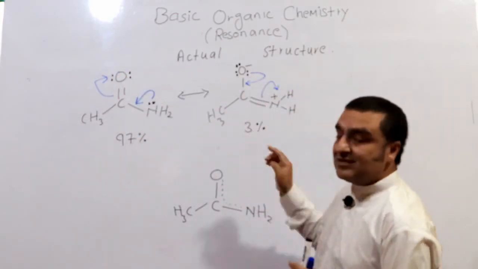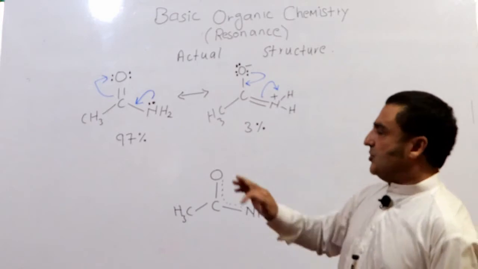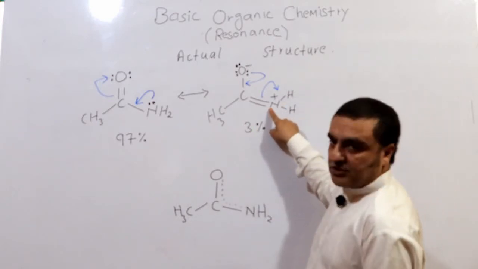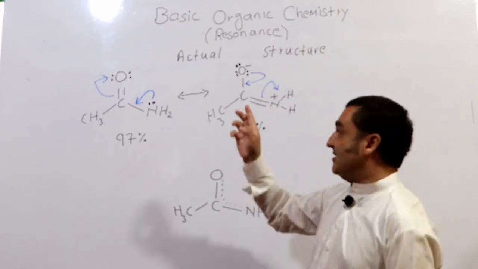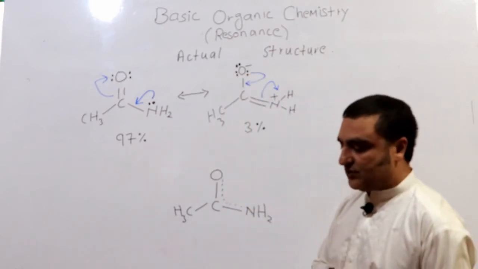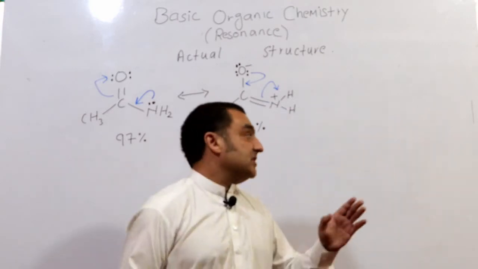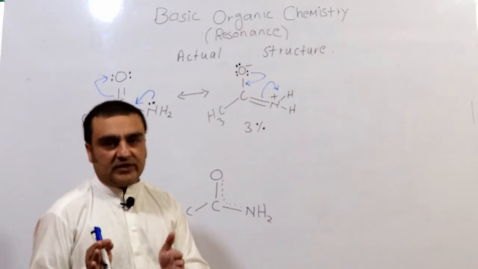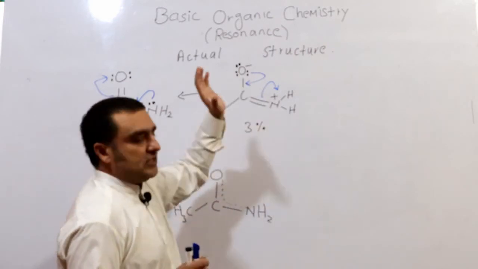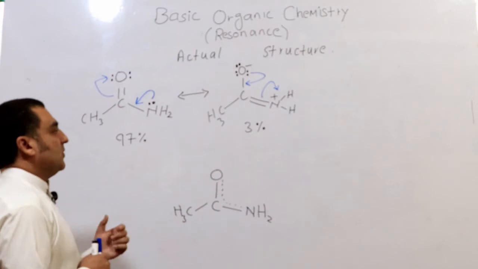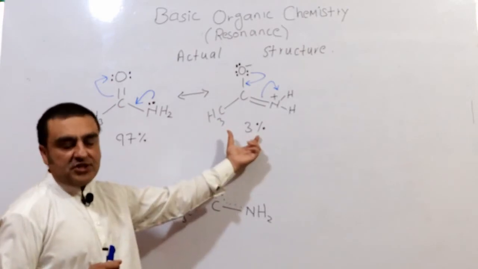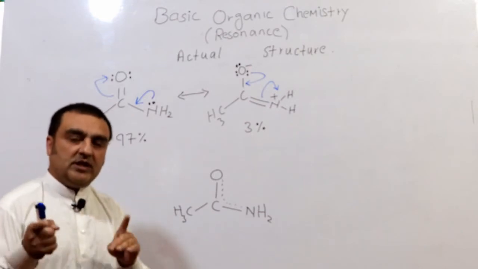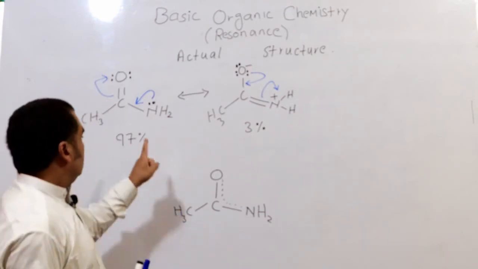But in this structure which has just 3% contribution, the nitrogen has a full positive charge, and the oxygen has a negative charge. But luckily this structure doesn't have 100% or 50% or more of the contribution. So as you see, the worth of this structure is less. It's just 3%, and this is 97%. So the actual molecule should look like this.